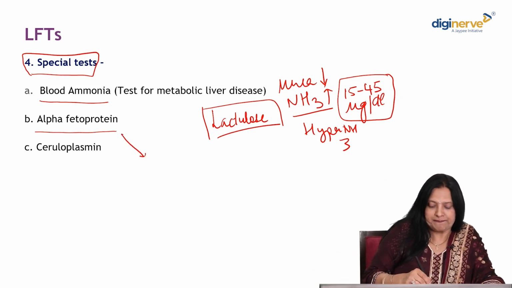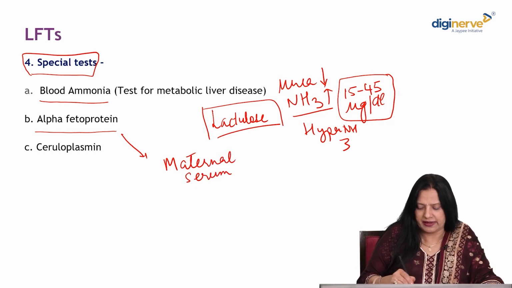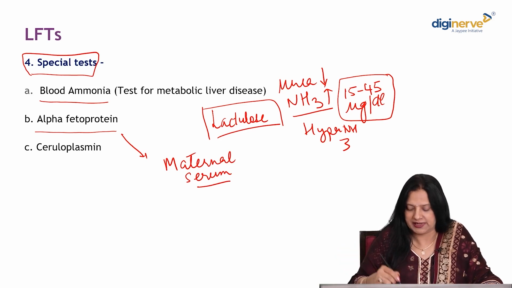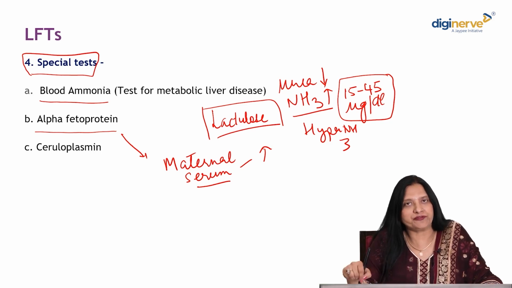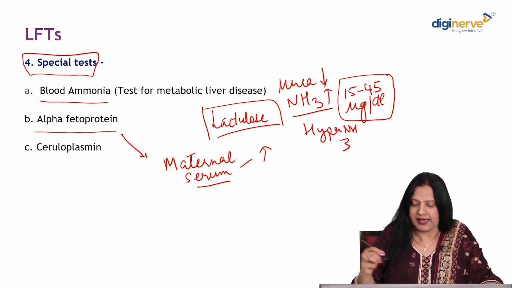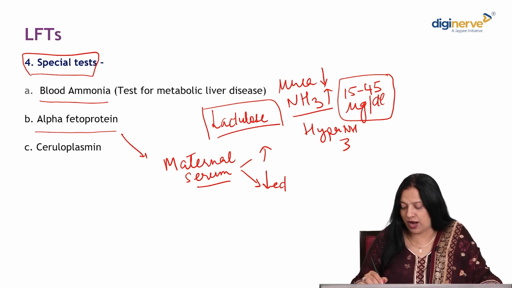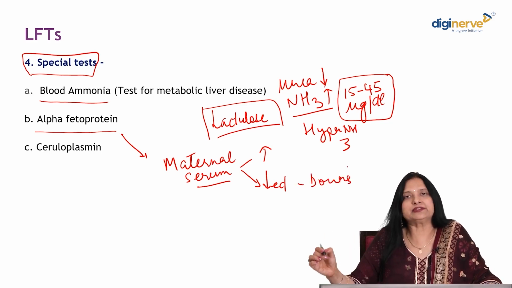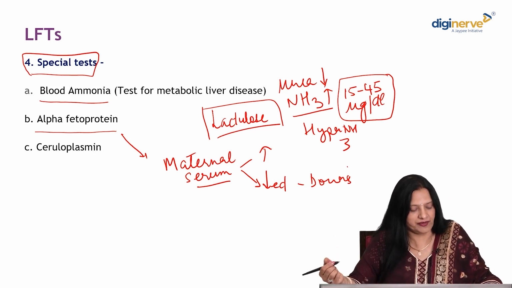Similarly, in maternal serum, alpha fetoprotein levels have a significance, because in maternal serum the increased levels imply an open neural tube defect in the fetus, and decreased levels point towards Down's syndrome. So besides liver diseases, we should know the significance of this alpha fetoprotein.